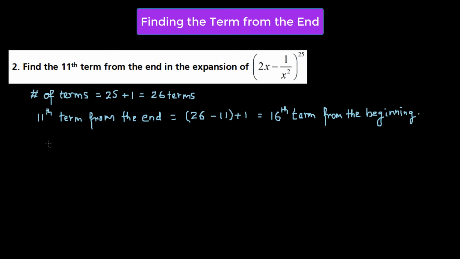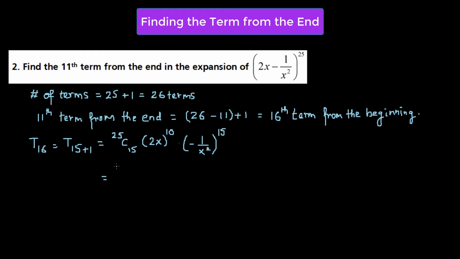So we now find the value of T16. T16 is going to be equal to T15 plus 1, which is equal to 25C15. The first term will be 2x raised to the power of 25 minus 15, which is 10, times negative 1 over x squared raised to the power of 15.